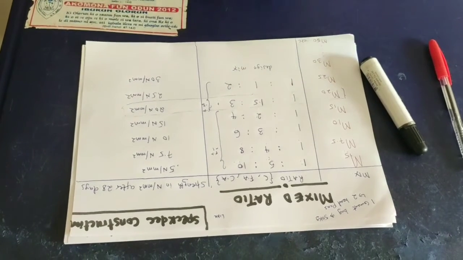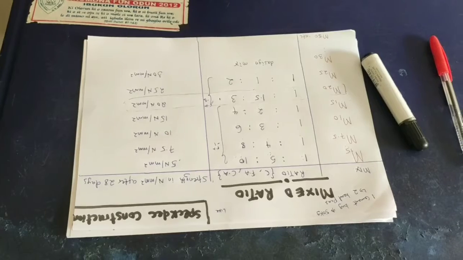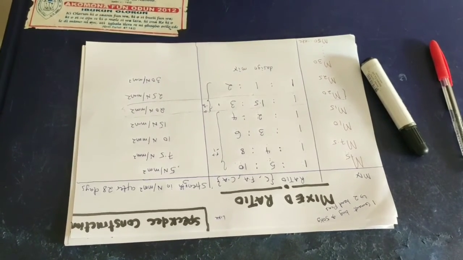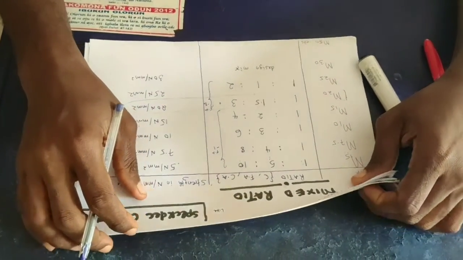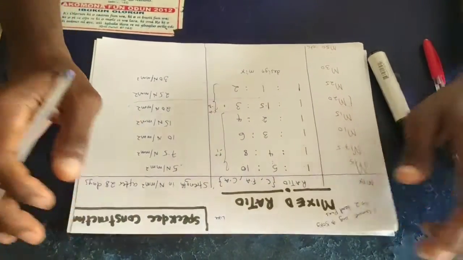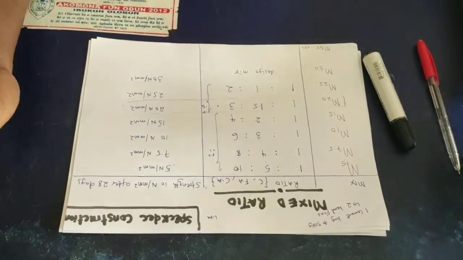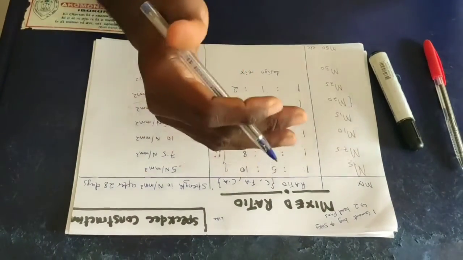This is how we calculate mix ratio in building construction. It's very, very important because I've seen examples on a site where I worked. I saw the laborers mixing 1 bag of cement, and they were supposed to mix for M20, but they were mixing wrongly.